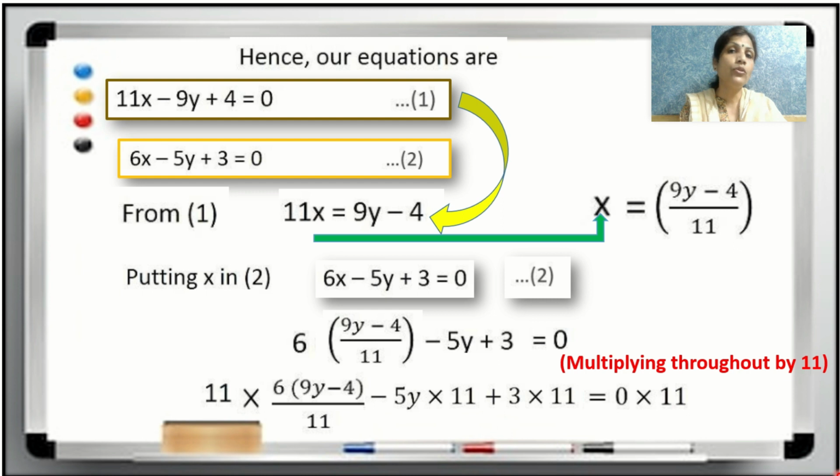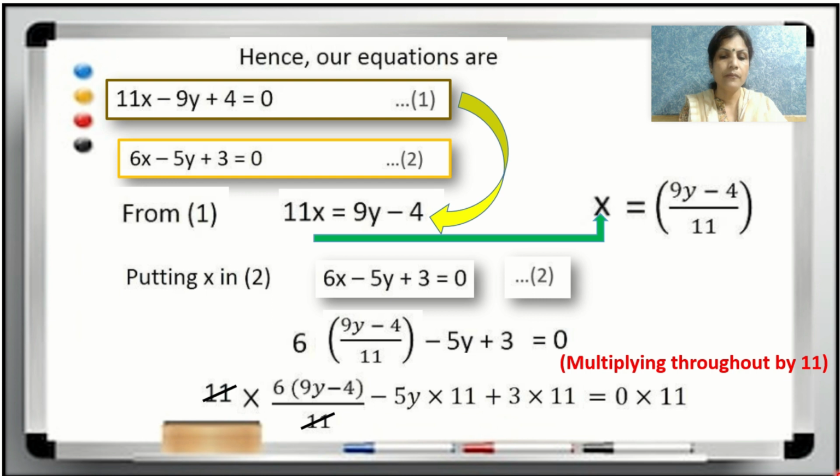When you multiply throughout, children, you have to multiply that number with each and every term of the equation. And that is what we have done here. Now you can cancel this 11.